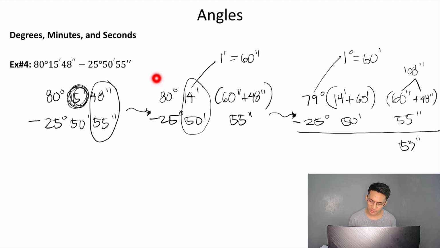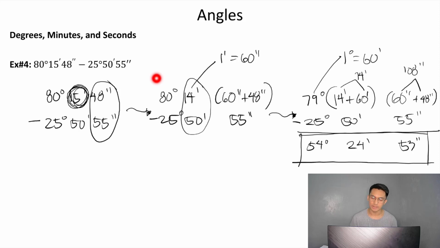We have 74 minutes. So, in 74 minutes na yun, babawasin natin ng 50 minutes, magiging 24 minutes na lang. And finally, for the degrees, 79 degrees minus 25 degrees, we have 54 degrees. So, ang final answer natin for example number 4 is ito. 54 degrees, 24 minutes, and 53 seconds.